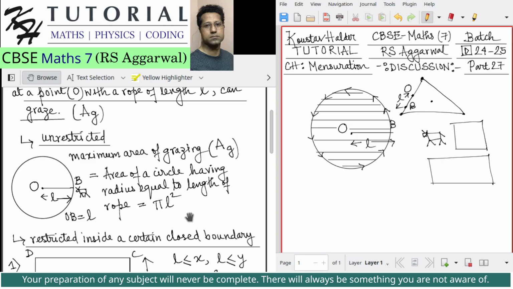We know that the area of a circle having radius r is pi r square. So in this case, the circle will have radius small l, so the area will be pi L square.